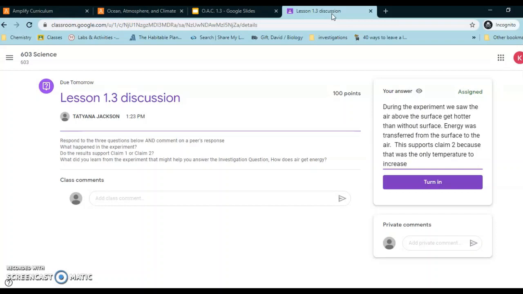Right? The only temperature that increased was the one over the rocks.